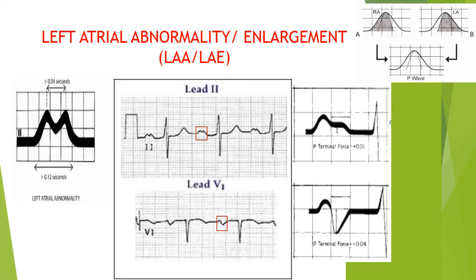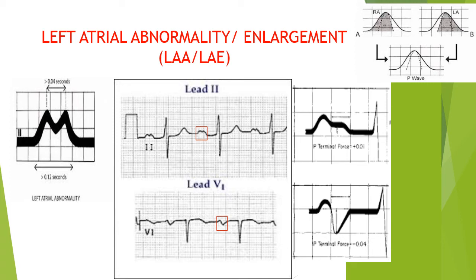The other example of abnormal P wave morphology is left atrial enlargement and left atrial abnormality. In this, the right atrial depolarization occurs normally. Then the left atrial depolarization takes longer time.